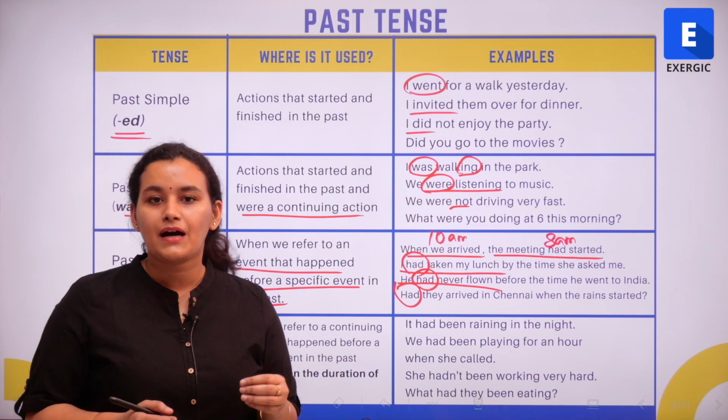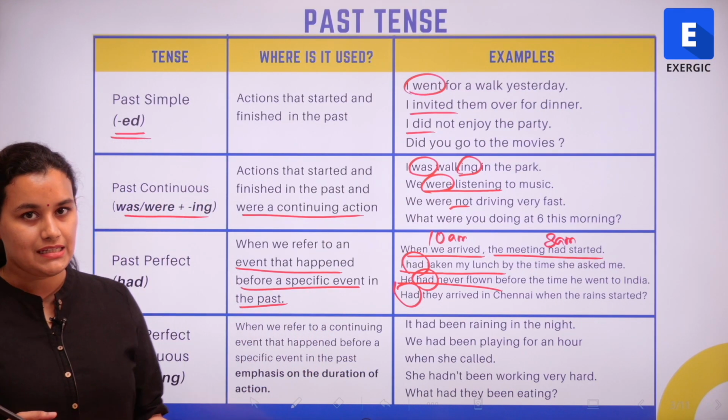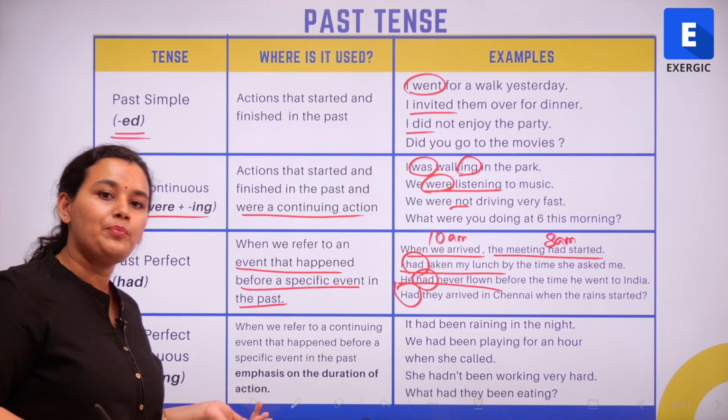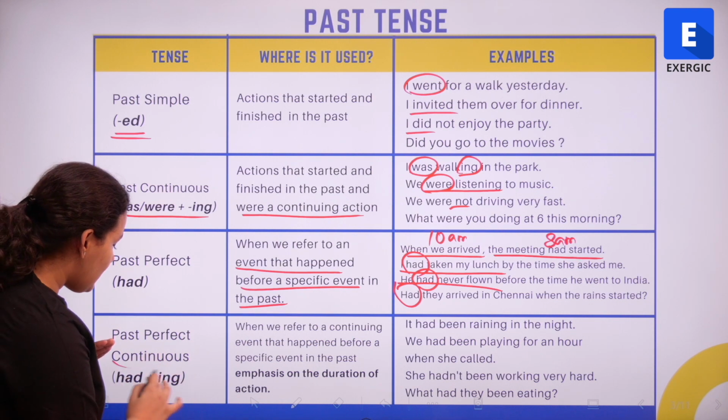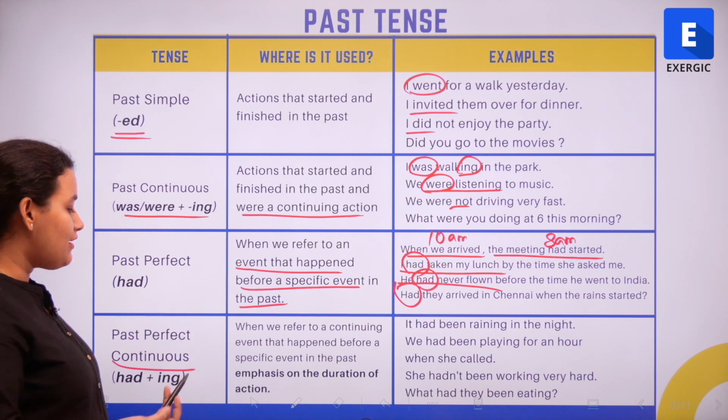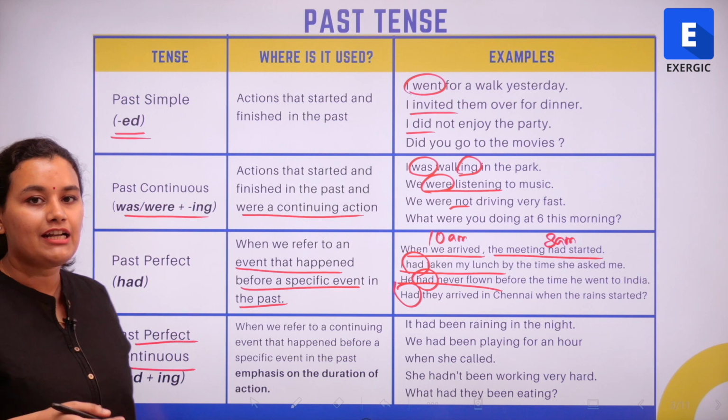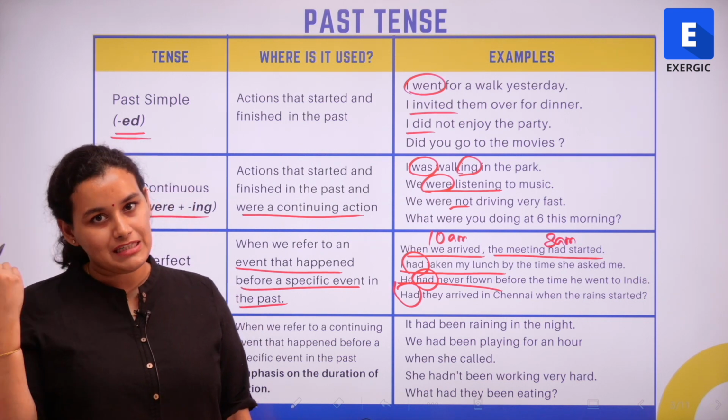Lastly, we have the past perfect continuous tense. This is a combination of both perfect as well as the continuous tense. So we are talking about a continuing action, and we are also talking about an event that happened further in the past, right?